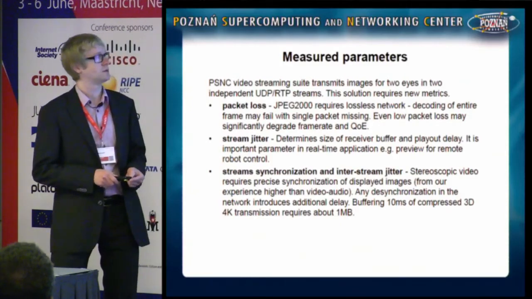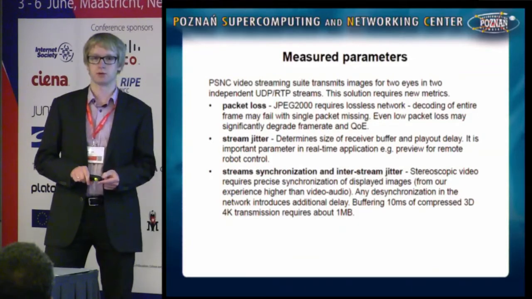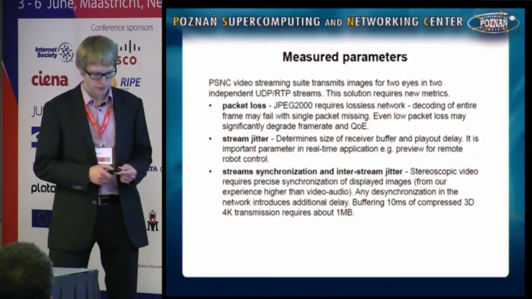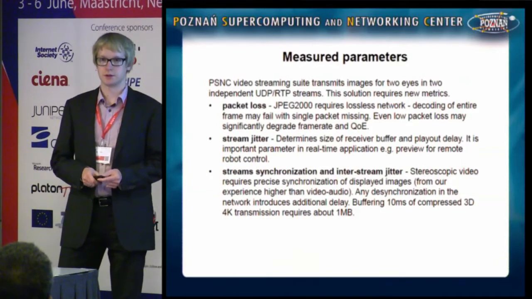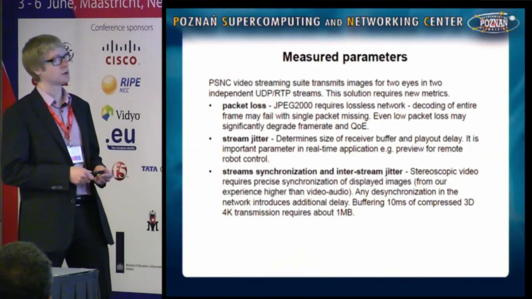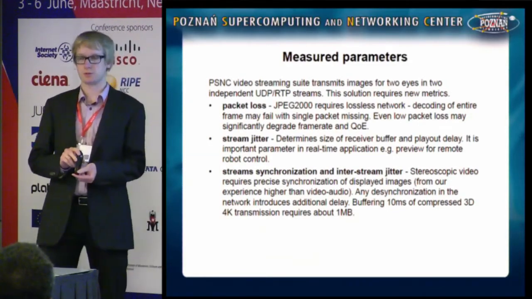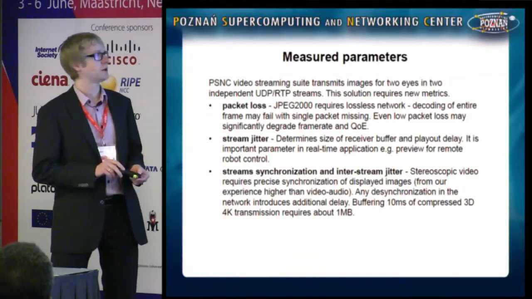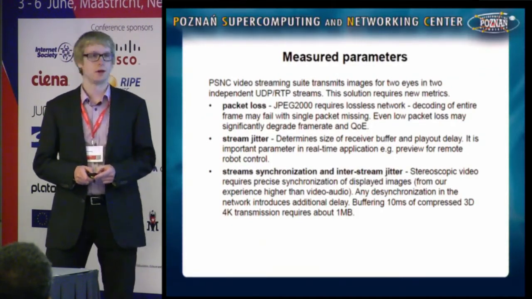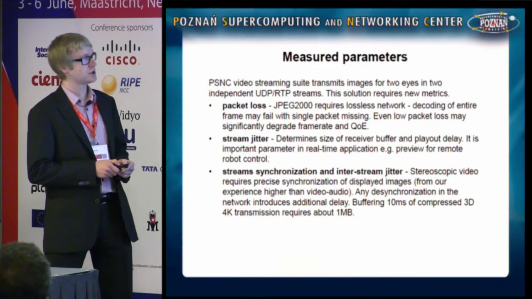So it's a CBR, but it's very bursty from the network point of view. So we also created our own jitter that takes into account not every packet in the frame, but only the first packet in the frame, which we believe behaves better, and we are investigating this, of course, with our test streamings.